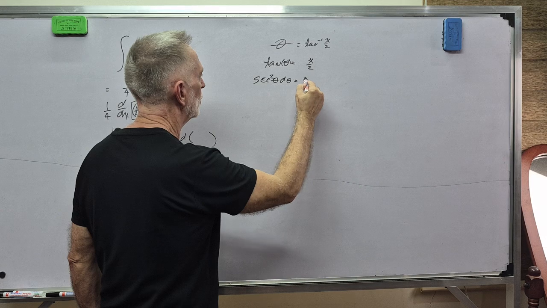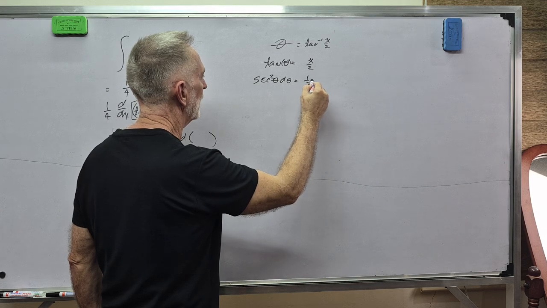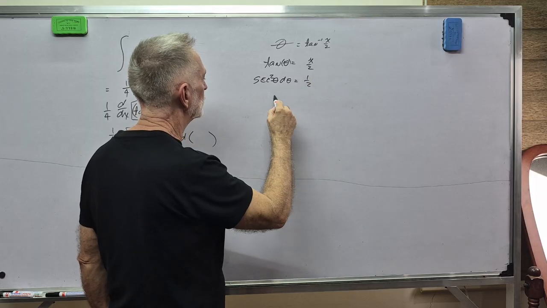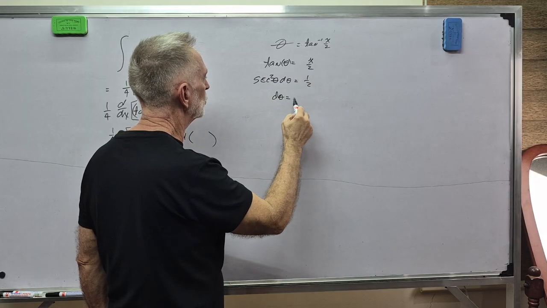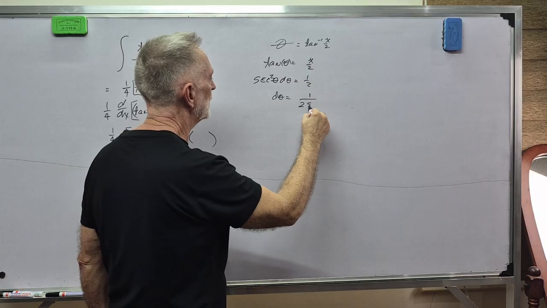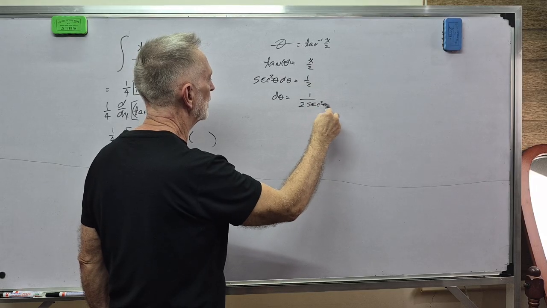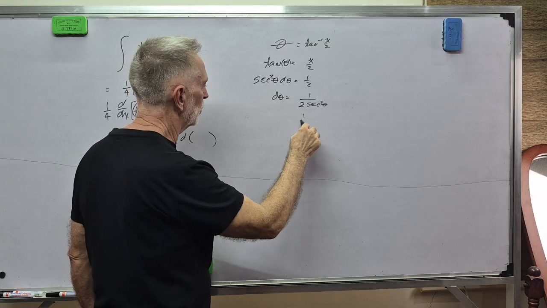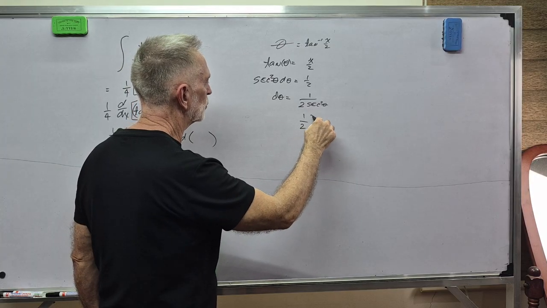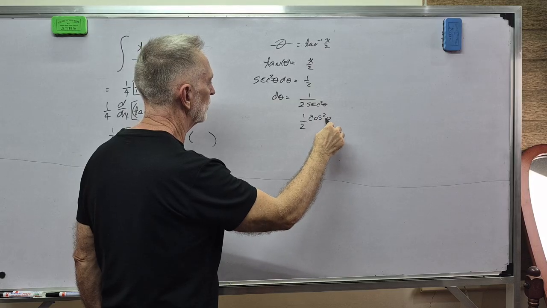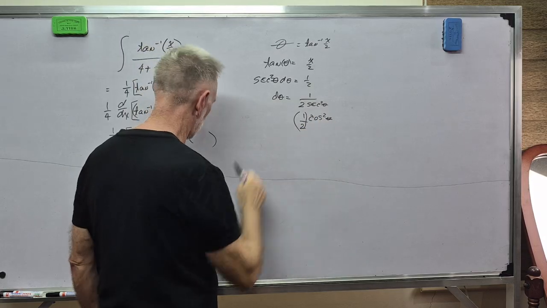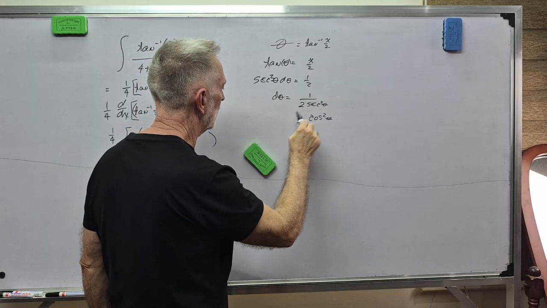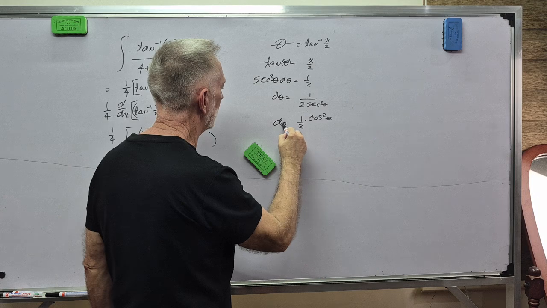That equals 1/2 dx, right? So d theta equals 1/2 times 1 over secant squared theta, and that is 1/2 times cosine squared theta. This looks bad, but it's 1/2 times that, and that's d theta.